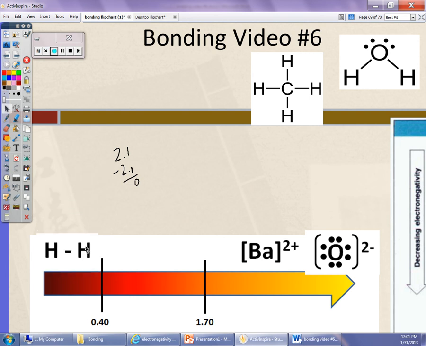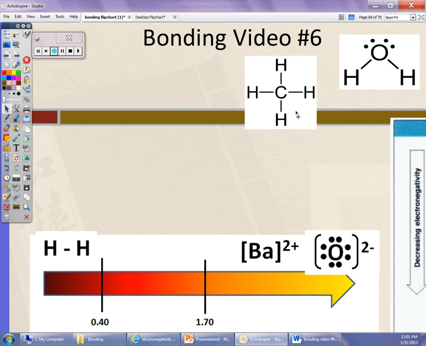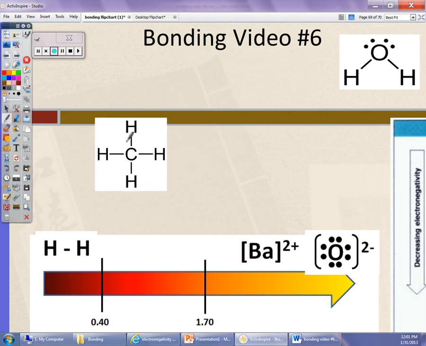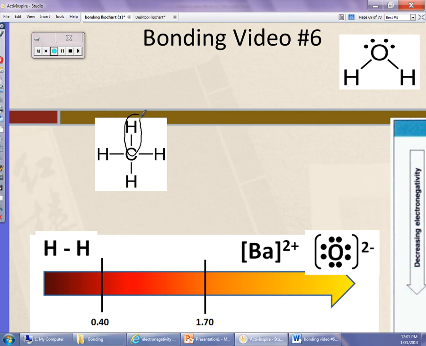So it's down here. Nonpolar covalent. Let's try another one. Carbon and hydrogen. Now yes, I have multiple bonds, but I want to look at one of these bonds. Carbon from our table is 2.5 minus 2.1 for hydrogen. We get a 0.4 difference.